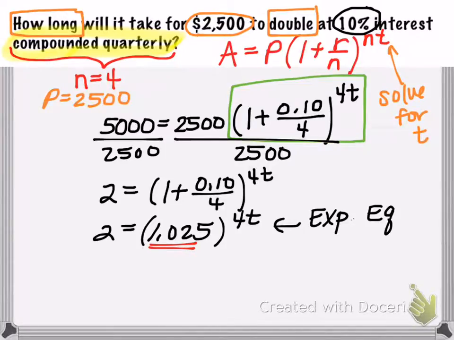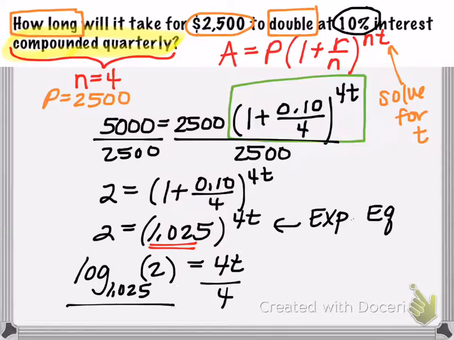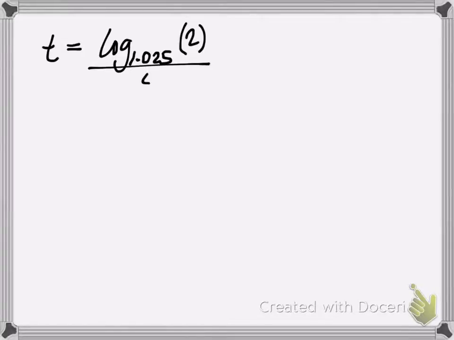So when I write this in log form, I will have log base 1.025 of 2 is equal to the exponent, which is 4t. And then solving for time, I just divide both sides by 4. So I have time, t is equal to log base 1.025 of 2, all divided by 4.